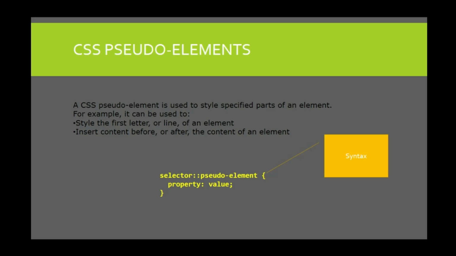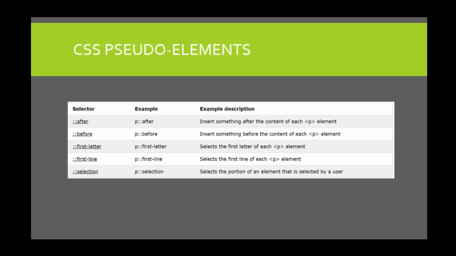For the CSS pseudo element, this is the general syntax. The difference is at this point: the previous one only has a single colon, while this one has a double colon. So the difference is at this point, one for the pseudo class, one for the pseudo element.